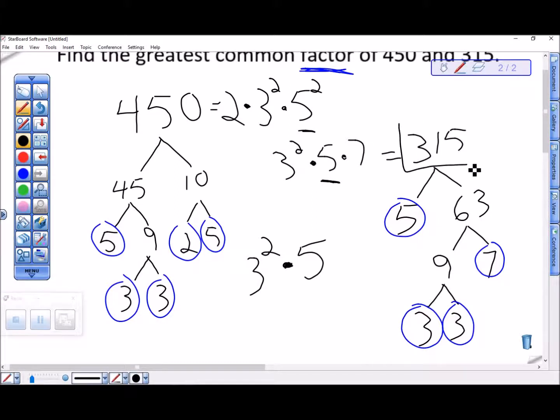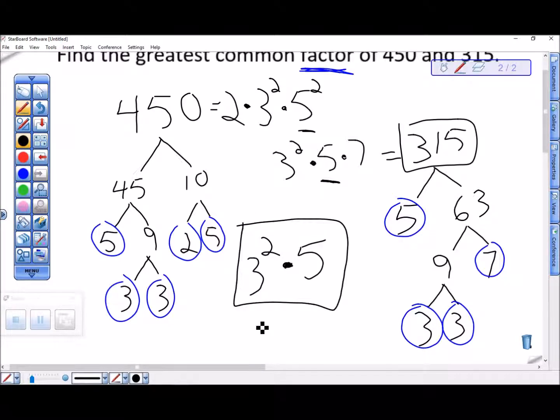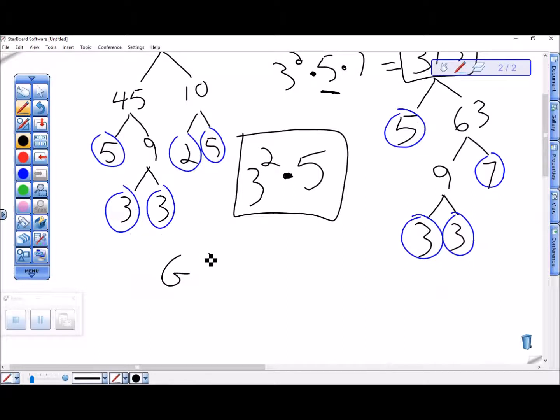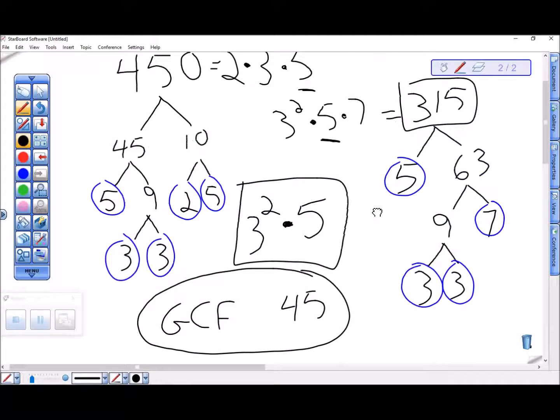You can't divide 315 by 25. It's not divisible by it, so it can't be a factor, so it can't be the greatest common factor. So the greatest common factor of these two numbers is 3 squared times 5. We sometimes abbreviate this as GCF. And 3 squared times 5 is 9 times 5, or 45. So the greatest common factor of 450 and 315 is 45.